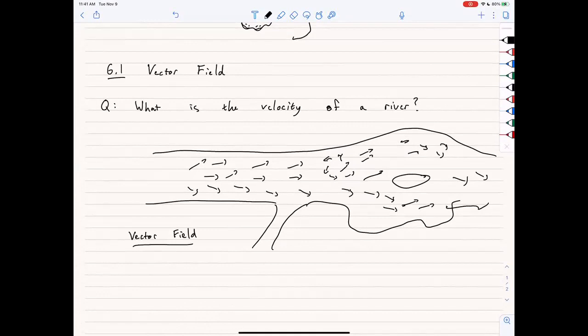And that, I want to say, is the best answer, the most thorough answer to what the velocity of the river is. Sure, it's an impossibly complicated one, but it's an honest one. And we'll see how, with that honest answer, we can then derive these other answers that were very good answers by doing certain types of integrals.